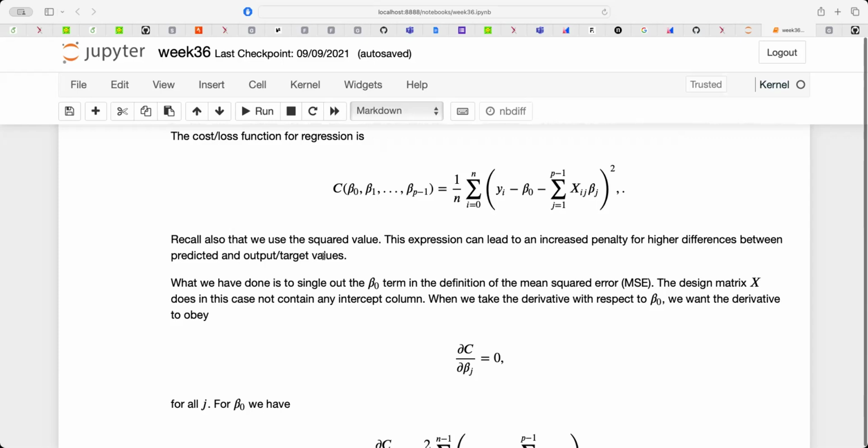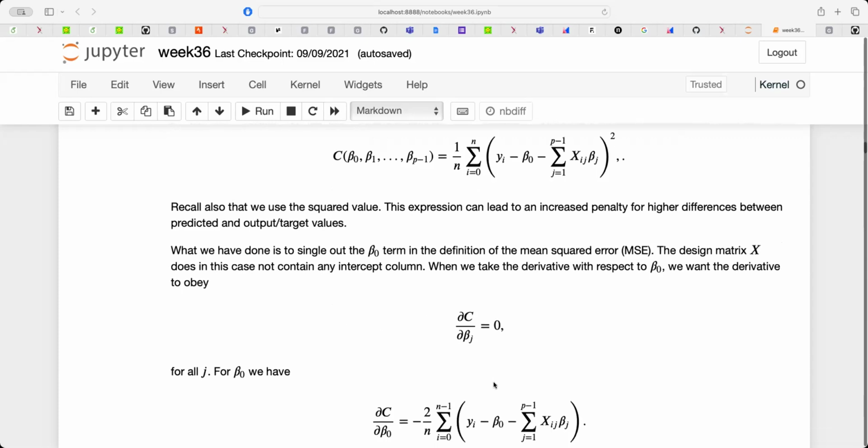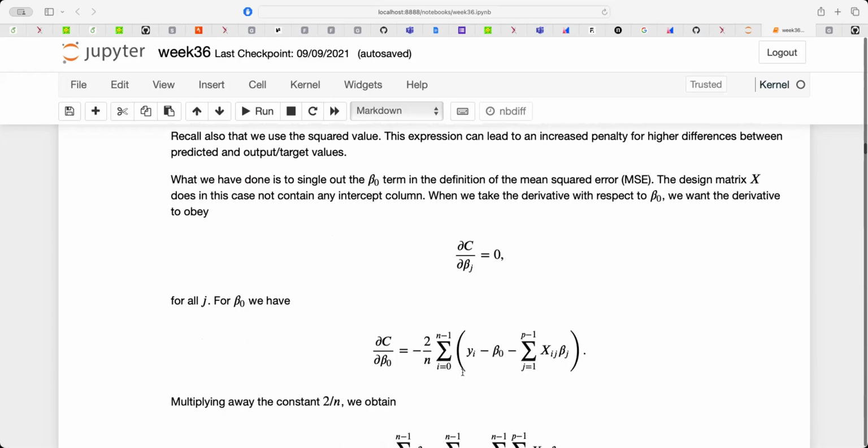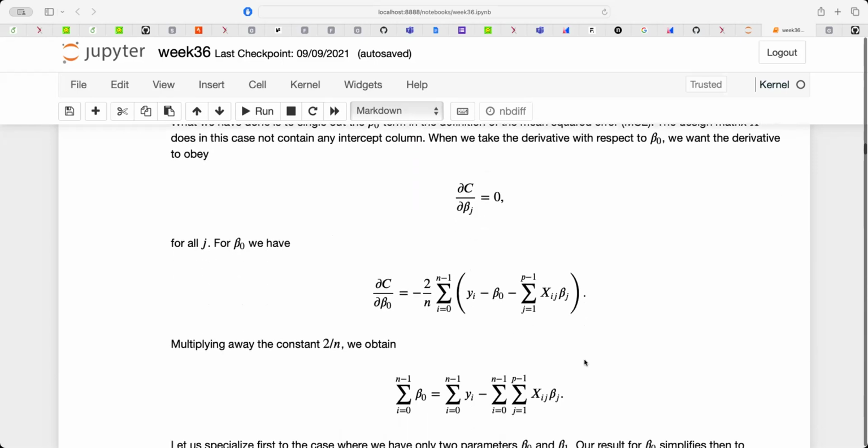So if you now look at what we are doing in the optimization, this is just a mean squared error. What you have then is a derivative with respect to beta j, which you want to drive to 0. And this is what this actually looks like. I anticipated that you can actually calculate the intercept by using the other values, and I will show you how you can do that.